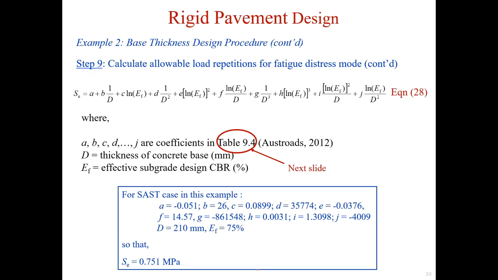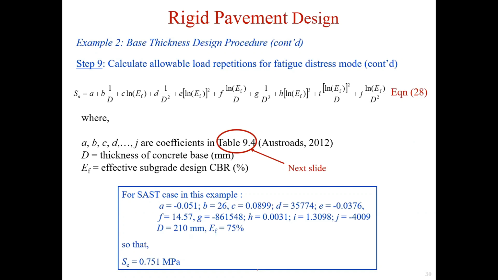This is the formula for SE. We have the coefficients A, B, C, D to J in table 9.4. D is the concrete base thickness in millimeter, and EF is the effective subgrade design CBR in percent. So for this SAST case, we refer to the values for A to J in table 9.4 from the next slide.